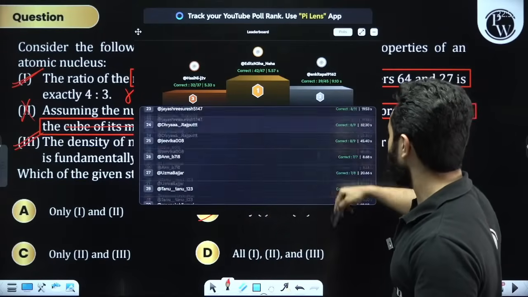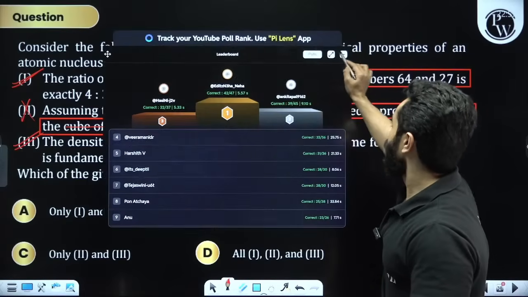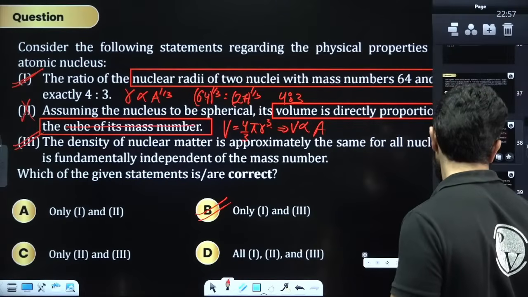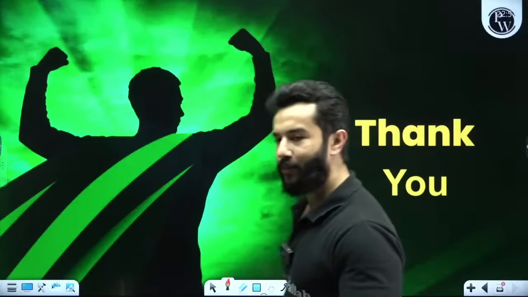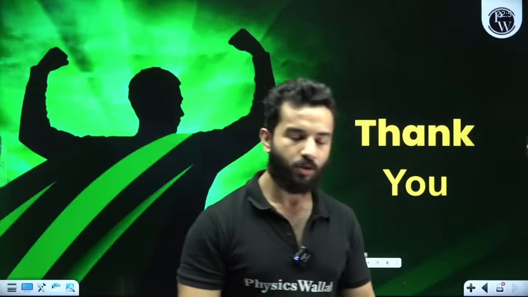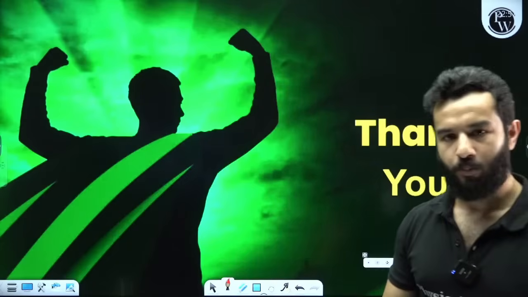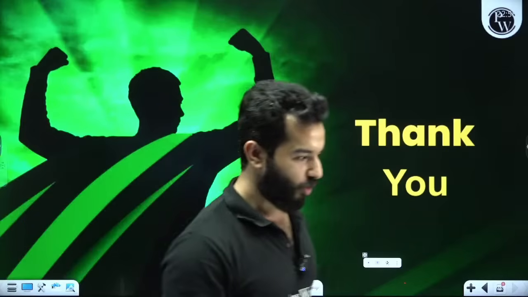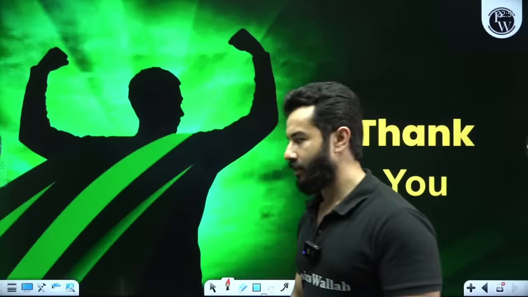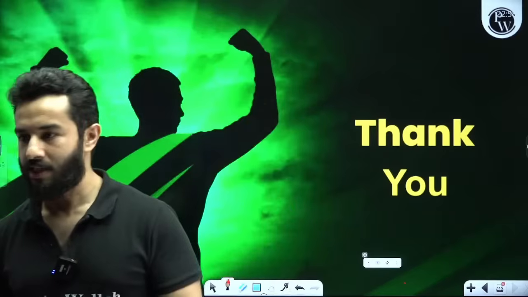Very good dosto. Great. So in the next class we are going to continue the remaining chapters. This was the most repeated, most important questions class, right? Now in the next class we are going to talk about electromagnetism and geometrical optics. That's what remains.